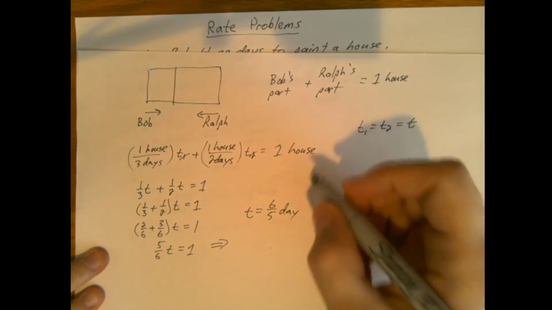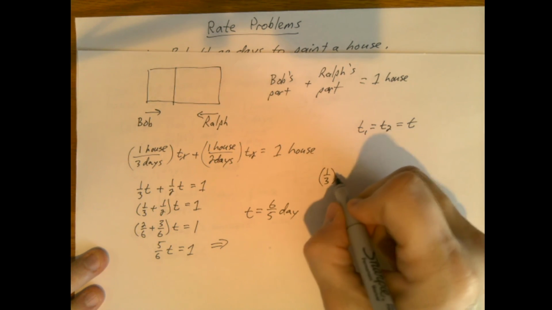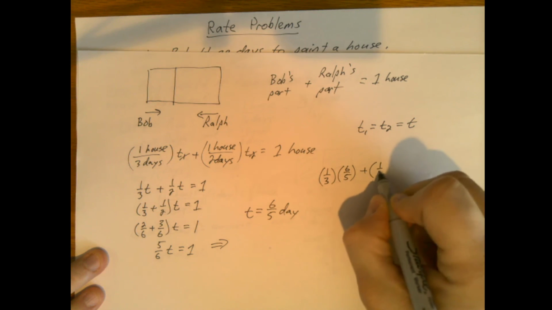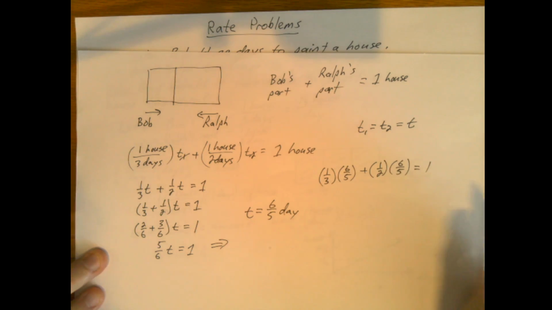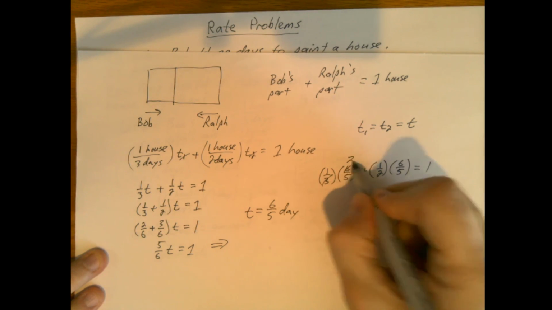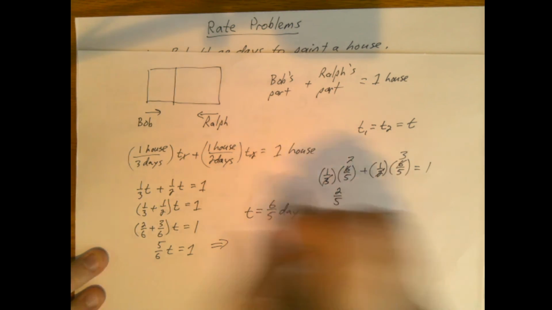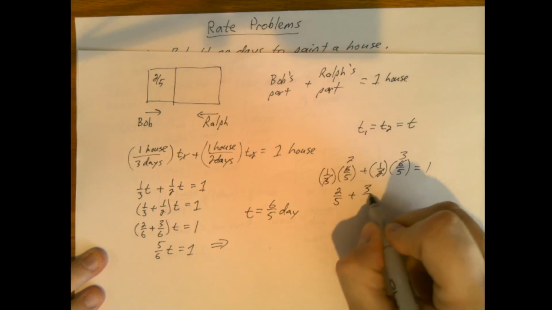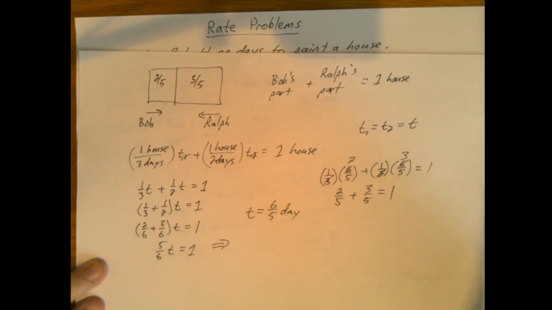Does this work out? 1/3 times 6/5 plus 1/2 times 6/5 equals 1. So here we have 2/5 of the house plus 3/5 of the house, right, equals 1. So it does work out.